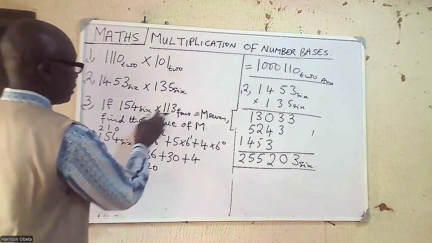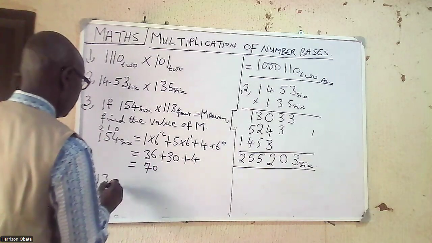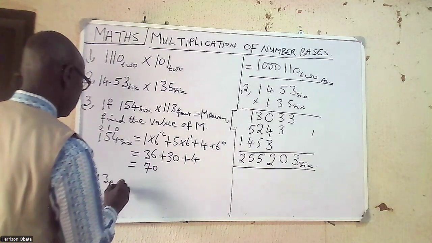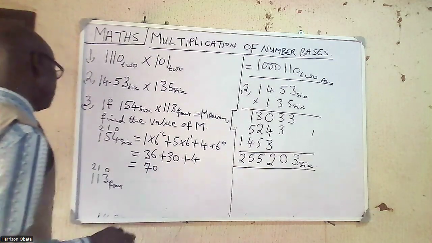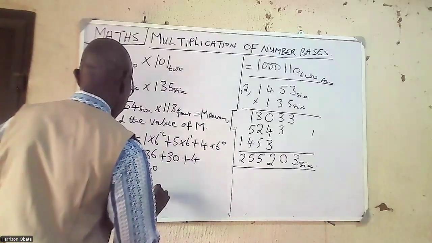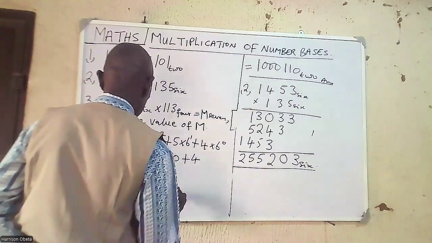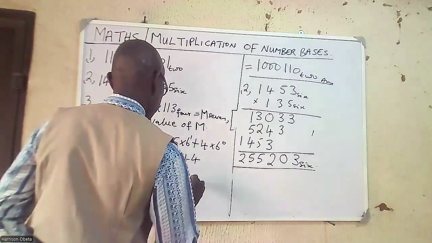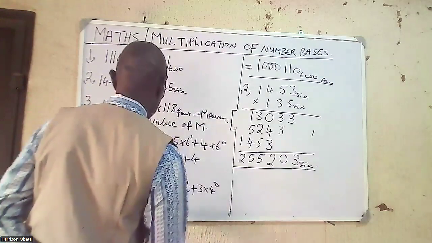We go ahead and do the same here. 113, base 4. We are converting to base 10. Have our 0, 1, 2. And that is 1 times 4 raised to power 2 plus 1 times 4 raised to power 1 plus 3 times 4 raised to power 0.